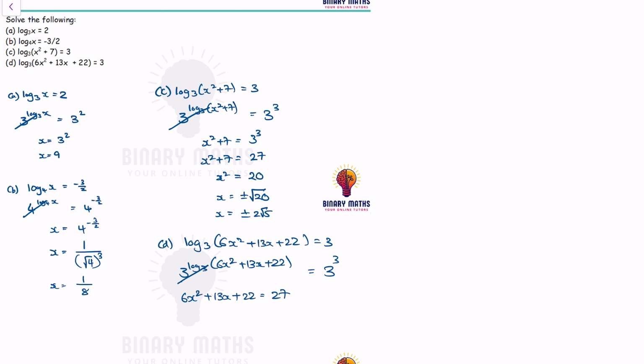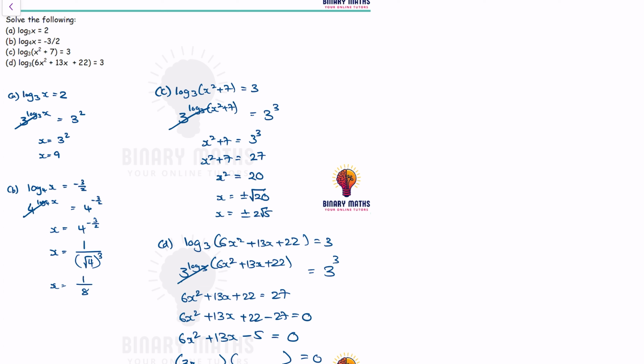This looks like a quadratic, so we need to take everything to the left-hand side. I get 6x squared plus 13x plus 22, take away 27, which is minus 5, equal to 0, which means 6x squared plus 13x take away 5 is equal to 0. This looks like it's going to factorize.